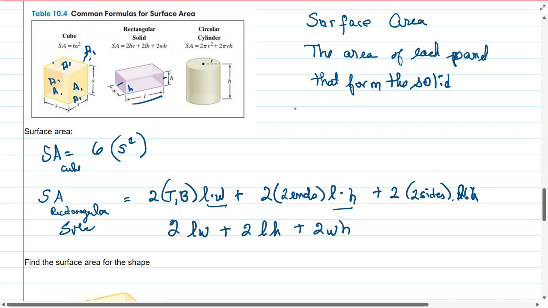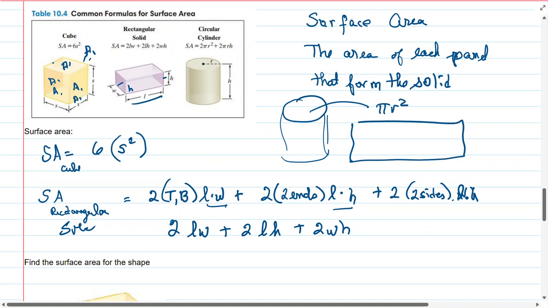So for that guy, we're going to have pi r squared times 2, because we have the top and the bottom.